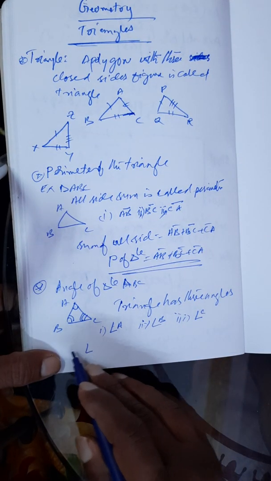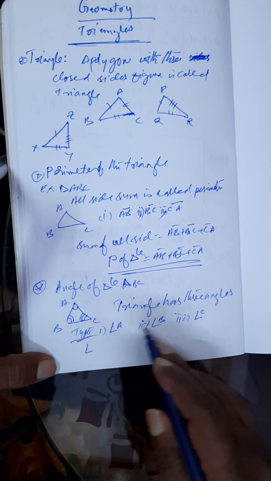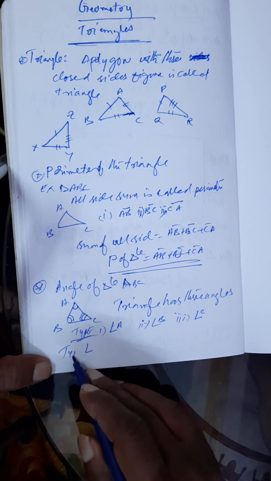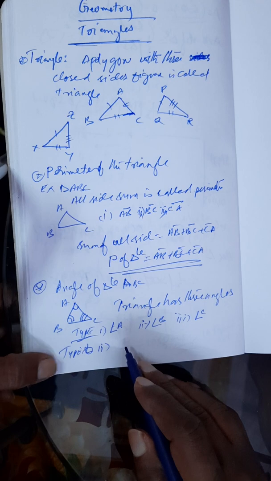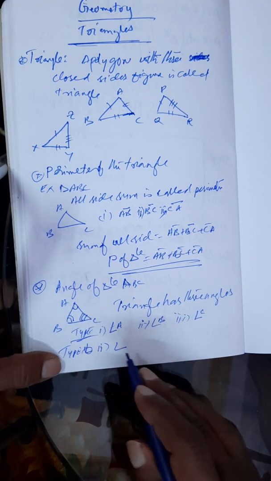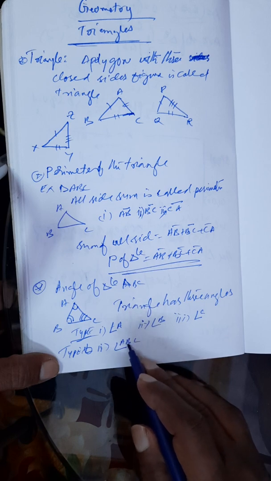This is the first way of representing an angle. Second type, we have to write three letters, which is ABC. Here B is the center letter.